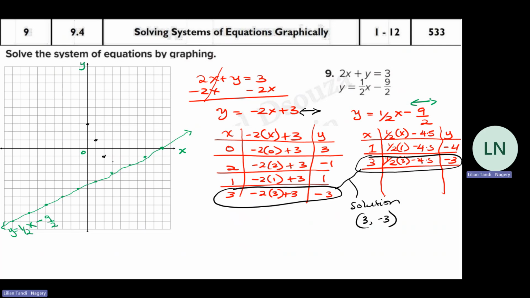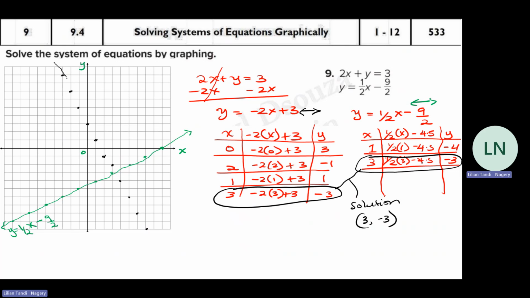3, negative 3. So then I follow my slope. 1 right, 2 down, repeated. 1 left, 2 up, repeated. There you go.